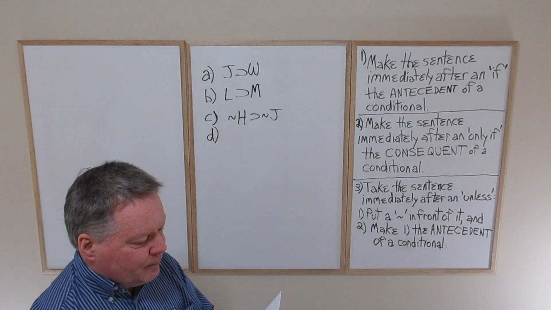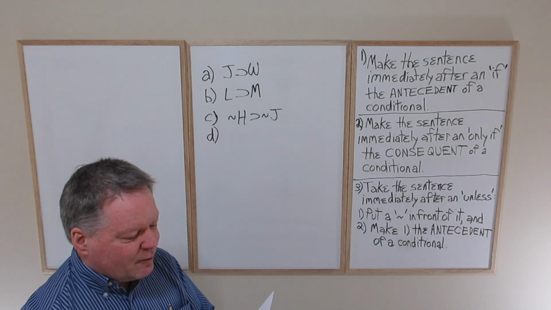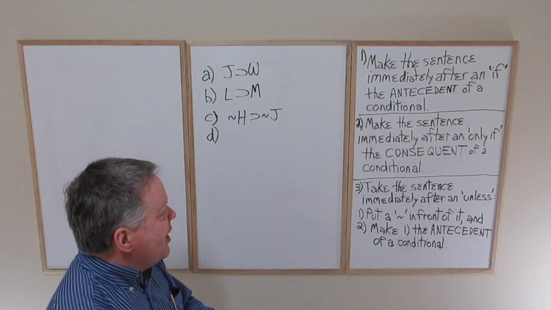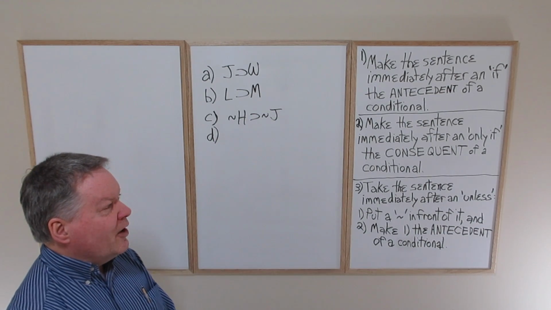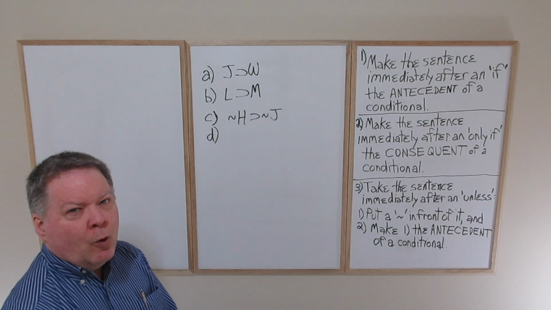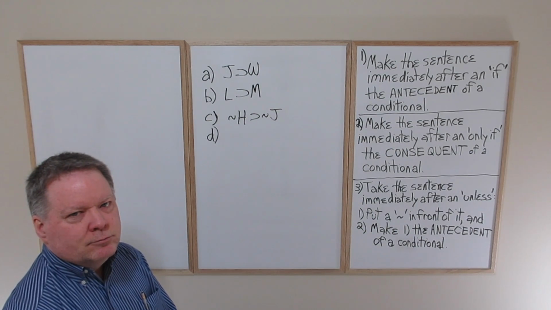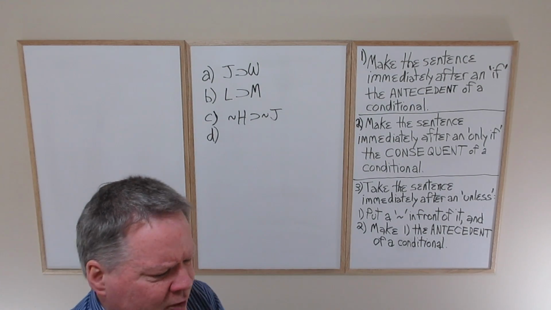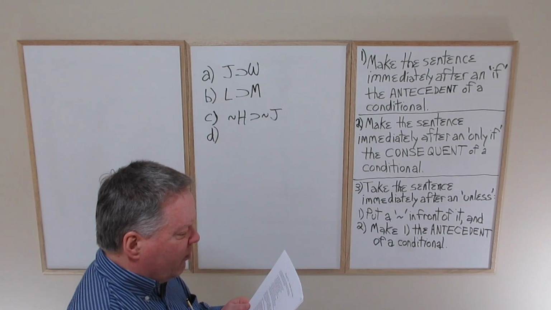John works late if and only if Mary does not. Once again, we ask ourselves, does the sentence contain an if or an only if? This particular sentence seems to contain both.